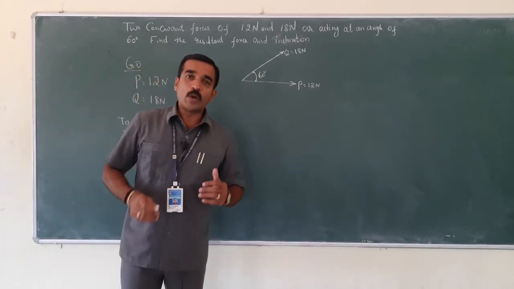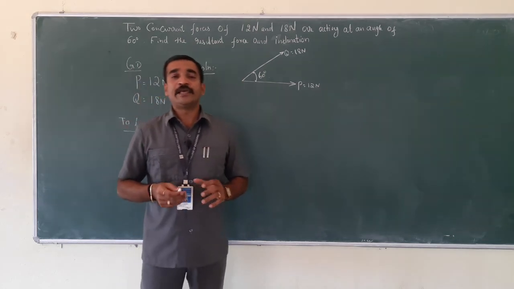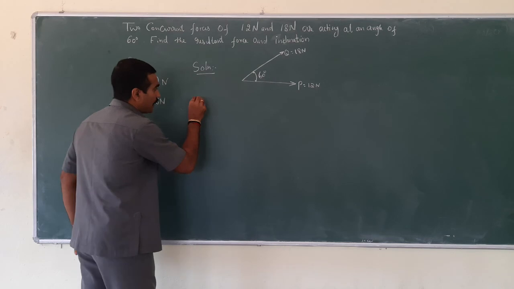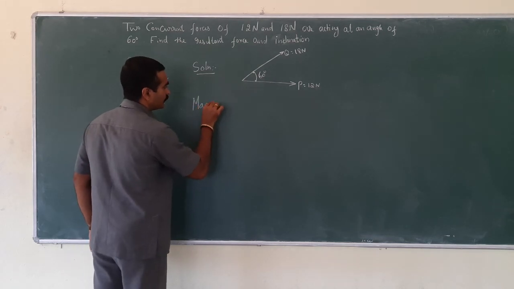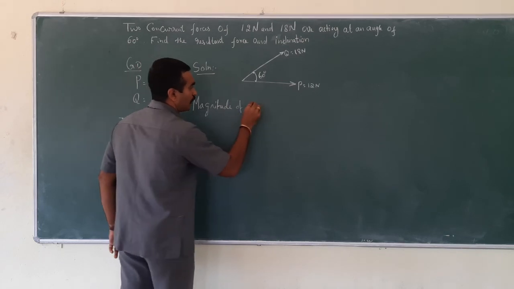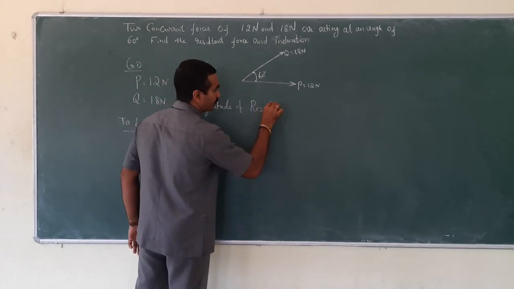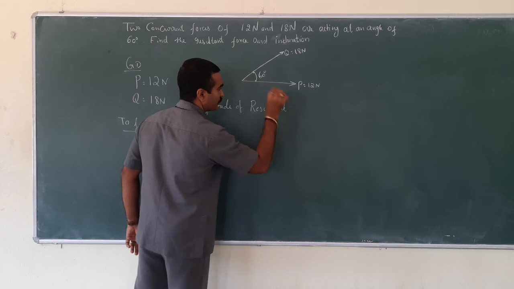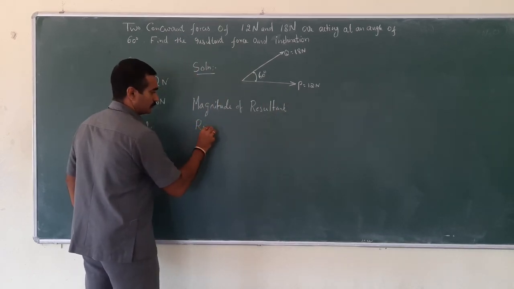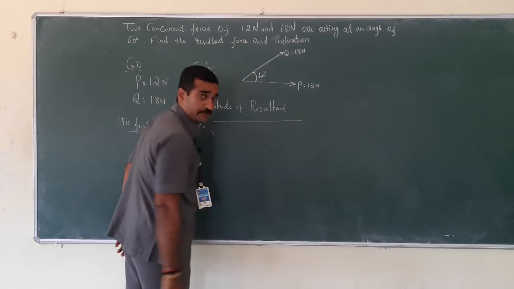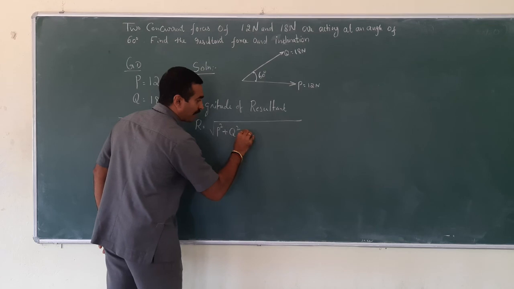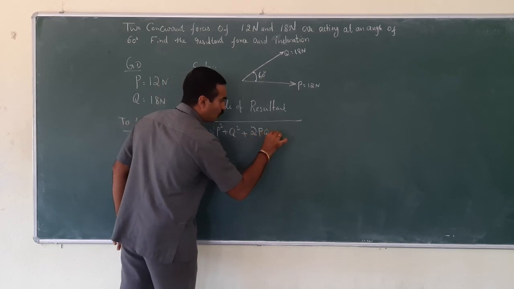Right. So what is the formula of the parallelogram law of forces to find the resultant? The magnitude of resultant R is equal to root of P square plus Q square plus 2PQ cos theta.